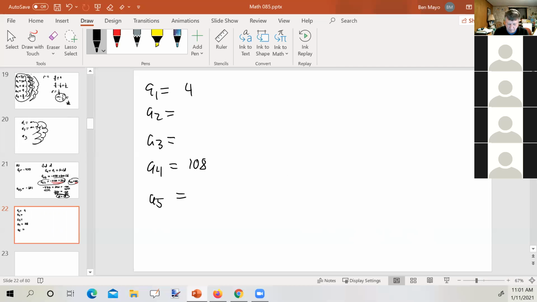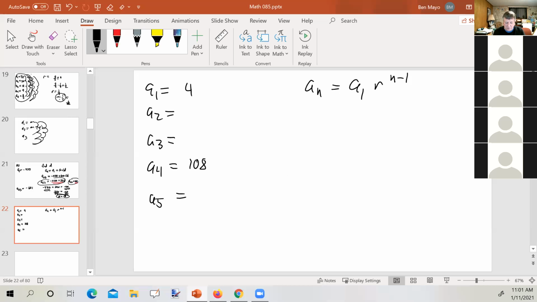Let me find it. It says write the first 5 terms of the geometric sequence with the following properties. I didn't catch whether it was geometric or not. So a sub n is going to be a sub 1 times r to the n minus 1 power. Okay. I just wanted to make sure I had that it was geometric and not arithmetic.